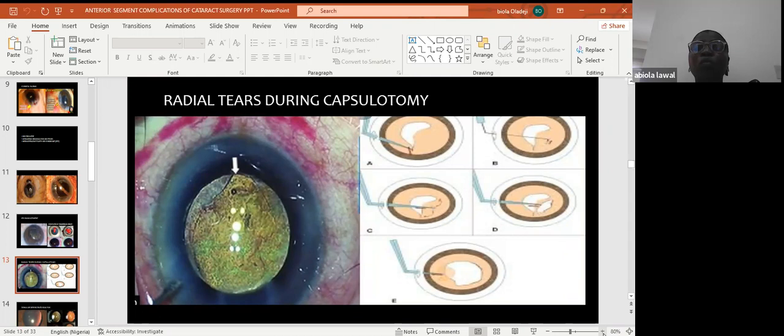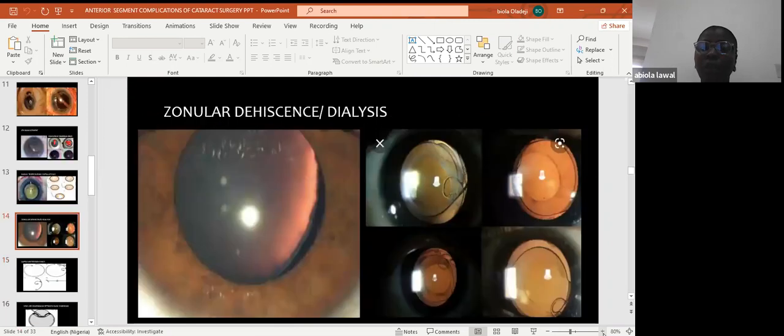And if a CCC is being carried out and you can see that the capsulotomy is running off, you can leave the part that is running off, start from the other end, and push and drag it inwards, so that way you can be in complete control of your capsulotomy. These pictures show radial tears while performing a capsulotomy. So it's not only the CCC that can open and have radial tears.